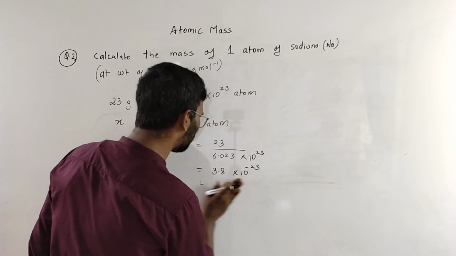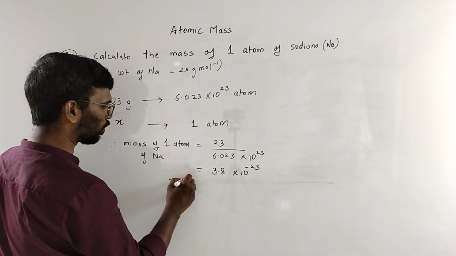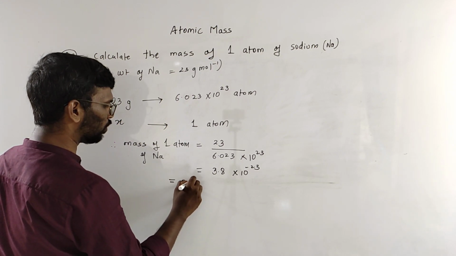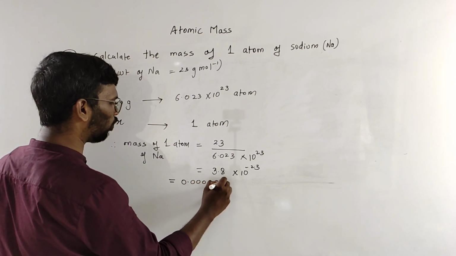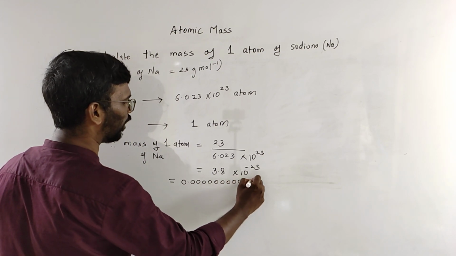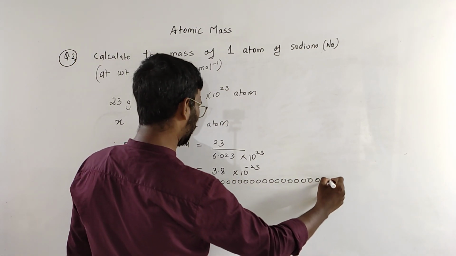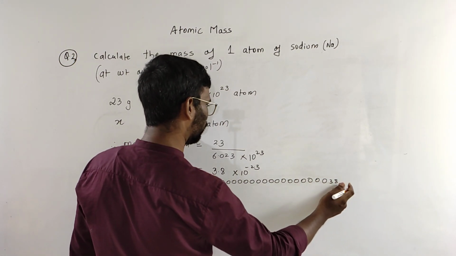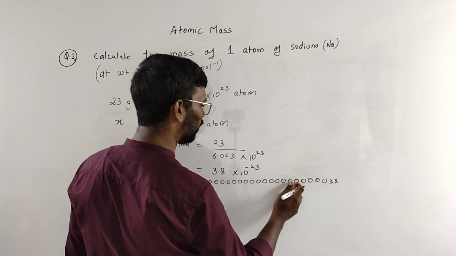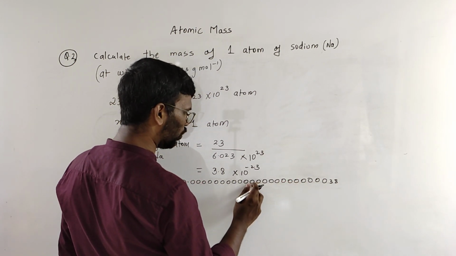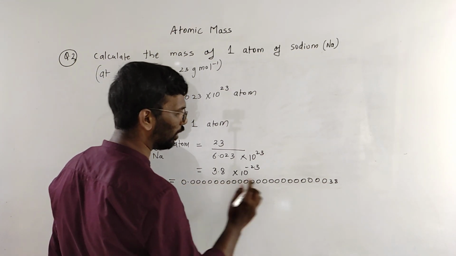Let's write it clearly. It is this way: counting the decimal places 1, 2, 3, up to 23 grams.